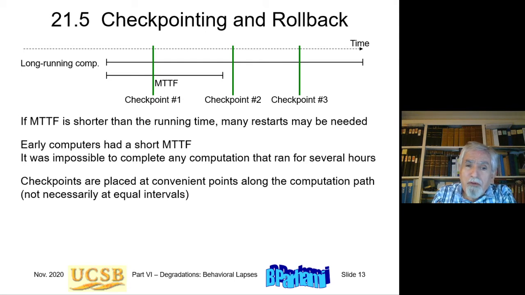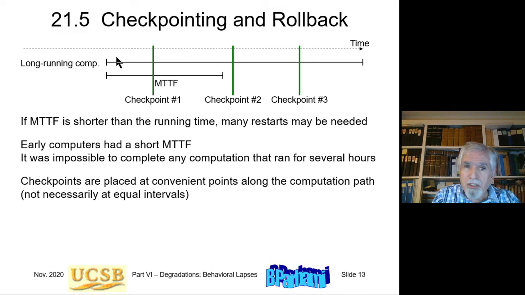So checkpoints are often placed at convenient points along the computation path. Notice that the way I've drawn here, the checkpoints are not equally spaced because not every point in the computation is equally convenient for inserting a checkpoint. Typically, computations have phases, phase 1, phase 2, phase 3.